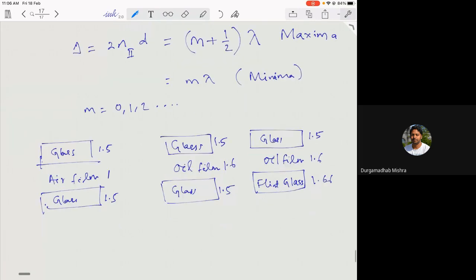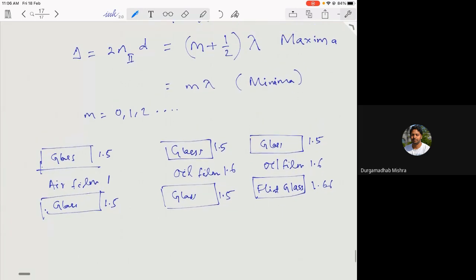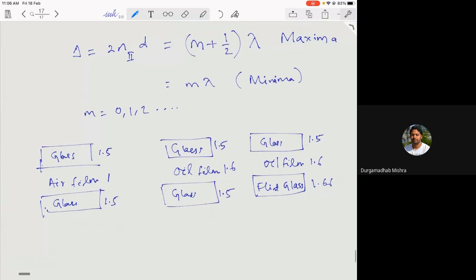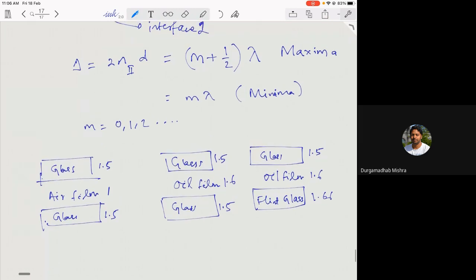So we have three situations, and the question was what will happen to this condition. So all are like, we have a thin film here. One is an air film, one is an oil film, and the other is an oil film, but now sandwiched between materials of different refractive index, where there is a graded refractive index for the film.